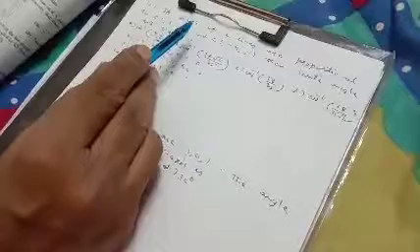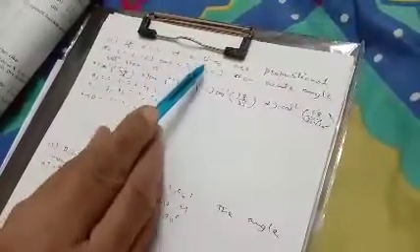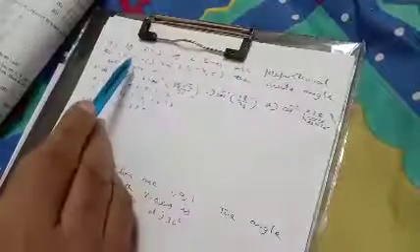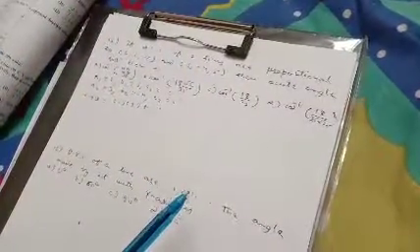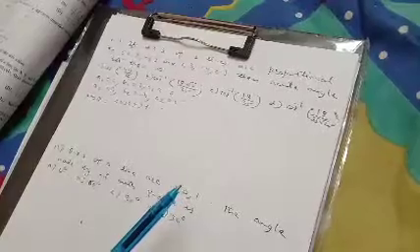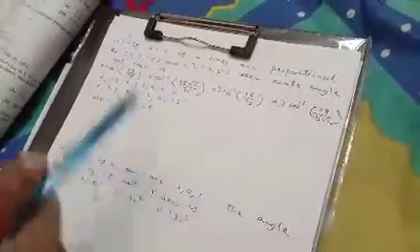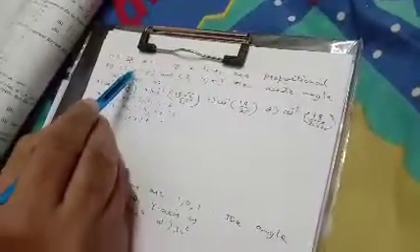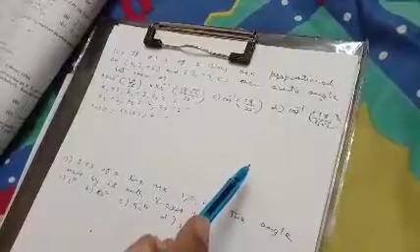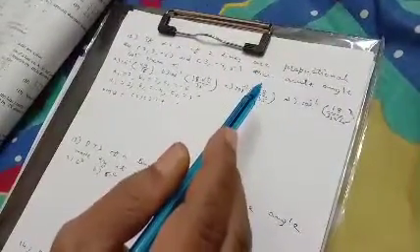In the last lecture, this example was incomplete. Direction cosines of two lines are proportional to given numbers. Now we know direction cosines are proportional to direction ratios. So direction ratios of two lines are given and we have to find the acute angle between them.